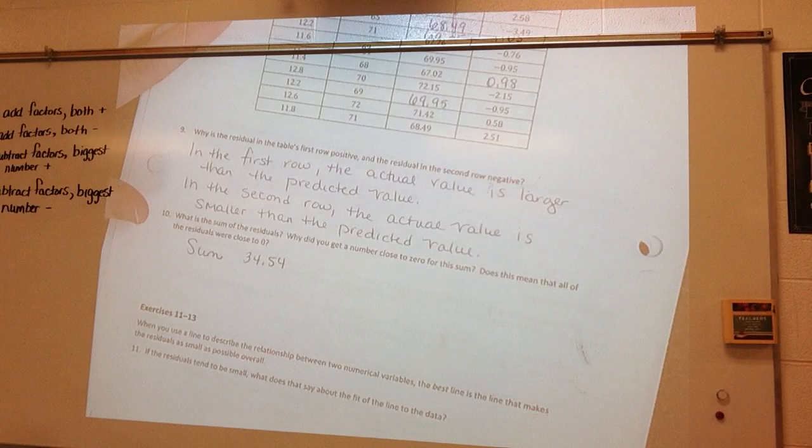If the residuals tend to be small, what does that say about the fit of the line to the data? Well, if my residuals are small, then that means that my line is a good line. That means that the distance between those points and that line is a very small distance.